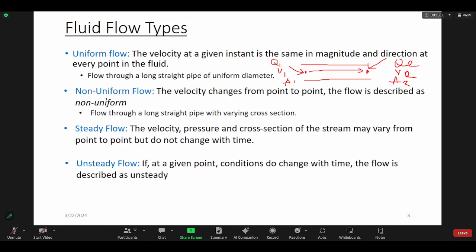According to uniform flow, we can say Q1 equals Q2, V1 equals V2, A1 equals A2.